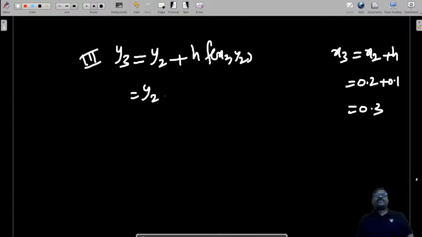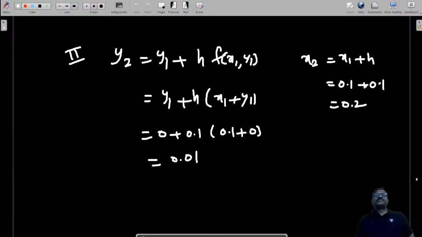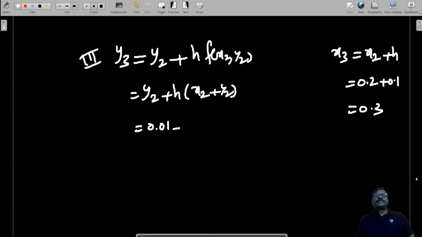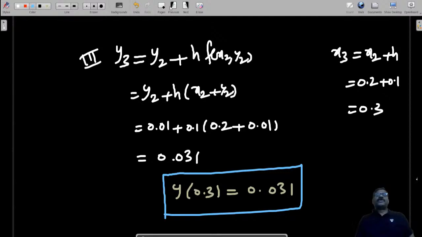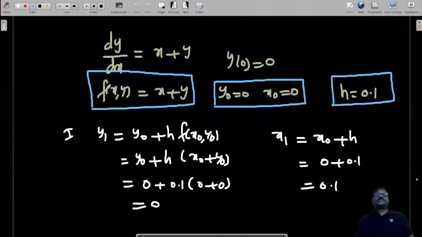Now y2 plus h of x2 plus y2. y2 is 0.01 plus h is 0.1, x2 is 0.2, y2 is 0.01, 0.21, 0.021, 0.031. Finally, the value of y at 0.3 is 0.031. Final answer is 0.031. This is the problem on Euler's method.